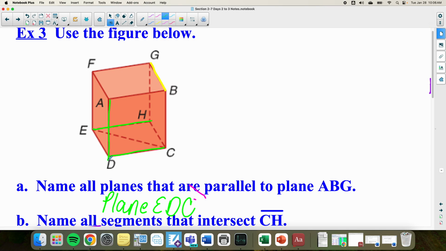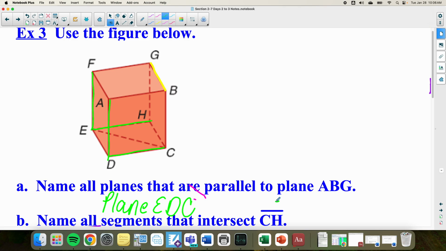So GB's here, so if I held the box here, it's going straight out at you, and AD is over here going straight up and down. They're never gonna touch, okay? So that is correct, and then did you say EF too? Yeah. That's true too. I do see one more.